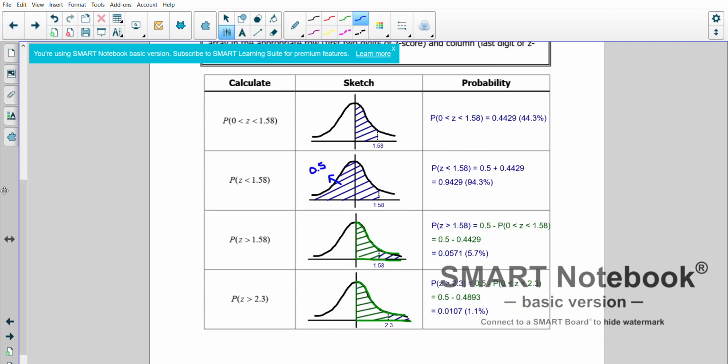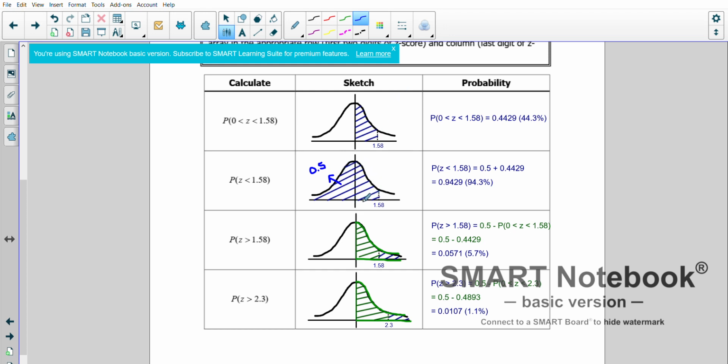Right? Now it wants to know what is the probability that z is just outright less than 1.58. So not greater than 0, less than 1.58, just less than 1.58. So here's 1.58. I need to know all of this area. So we're going to be using some logic and symmetry to help us with some of these questions. Because this question isn't too much different from this other than I'm adding all of this shaded region.